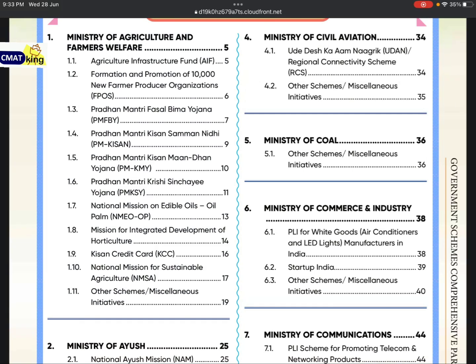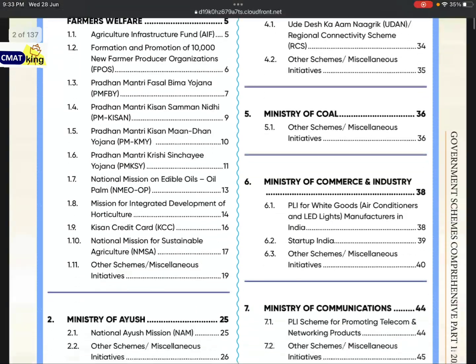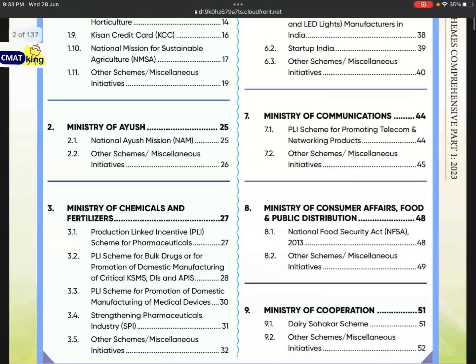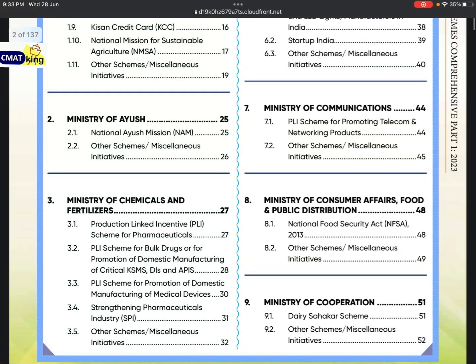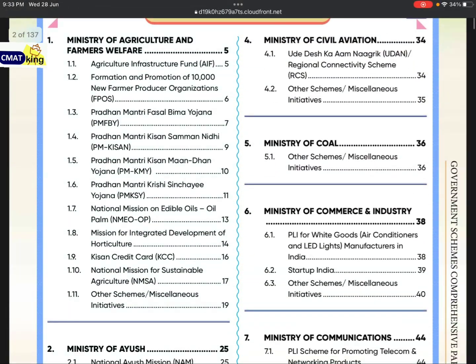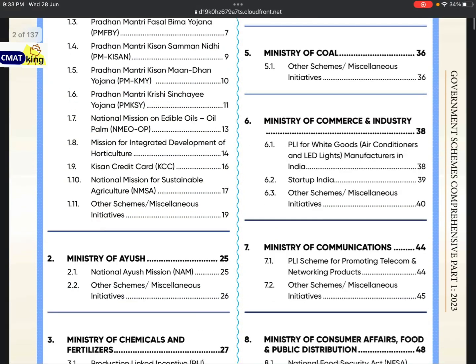Here the agriculture part, that is not that relevant. If you look at the Ministry of Commerce and Industry, the PLI scheme, Startup India, these become important because they are related to business.